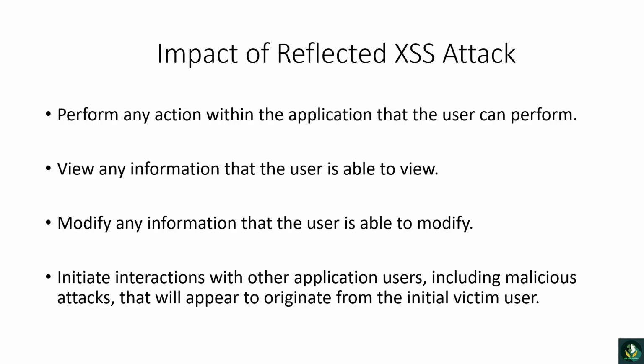The attack could be targeted directly against a known user or could be an indiscriminate attack against any user of the application. So, the need for an external delivery mechanism for an attack means that the impact of reflected XSS is generally less severe than stored XSS, where a self-contained attack can be delivered within the vulnerable application itself.